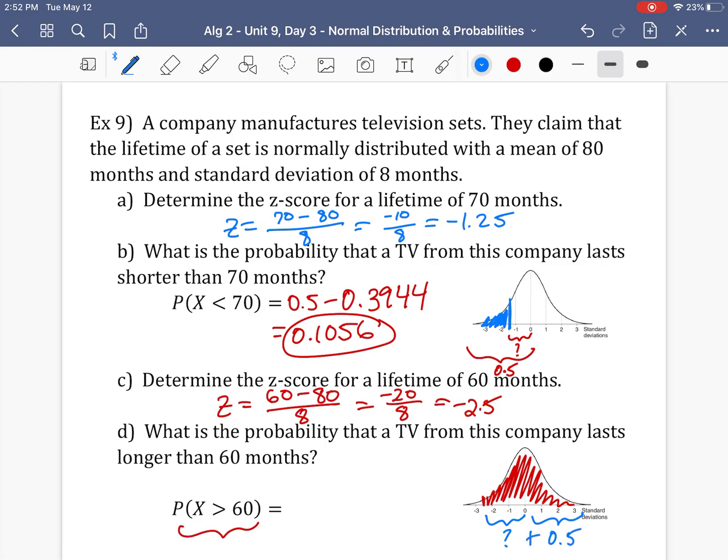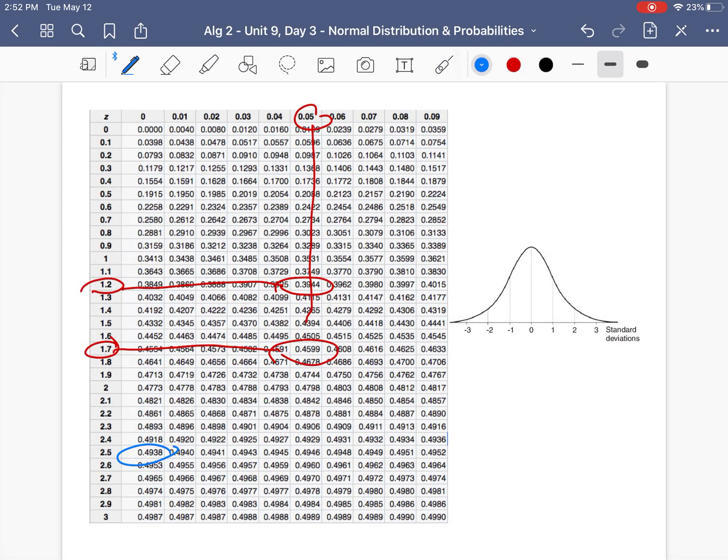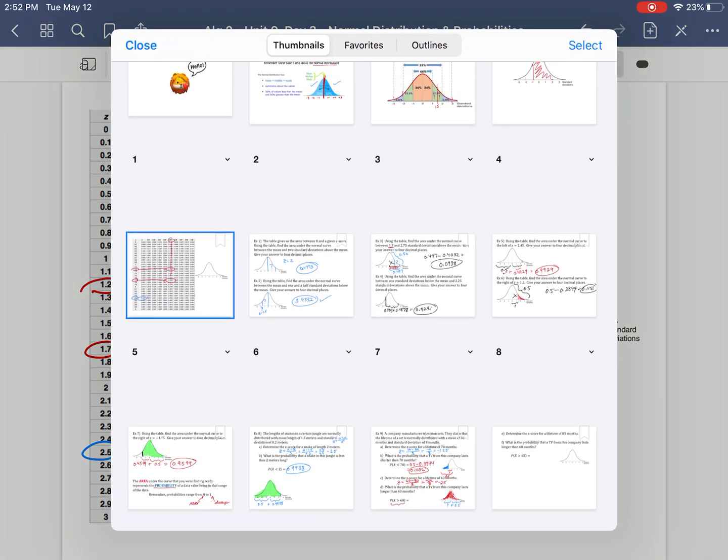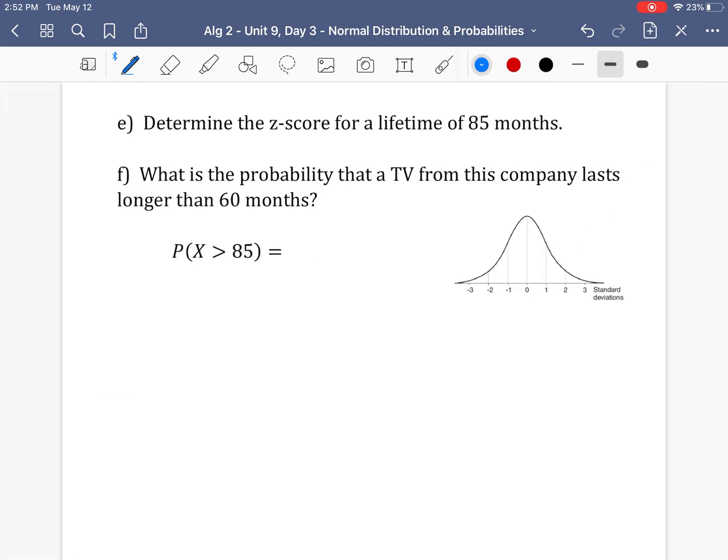So I look at my z-score, negative 2.5. All right, so 2.5 is right here. I used it earlier, 0.4938. So this part's 0.4938. So I'm just going to add those up. So I get 0.9938. There we go.